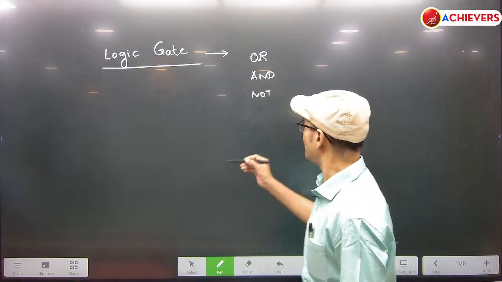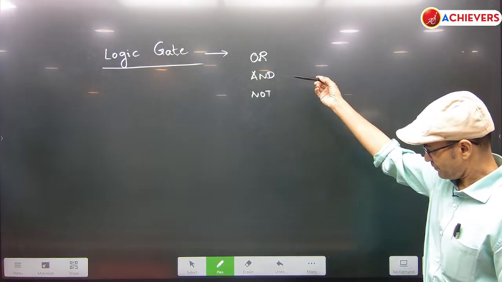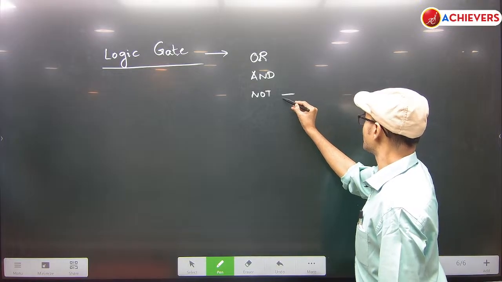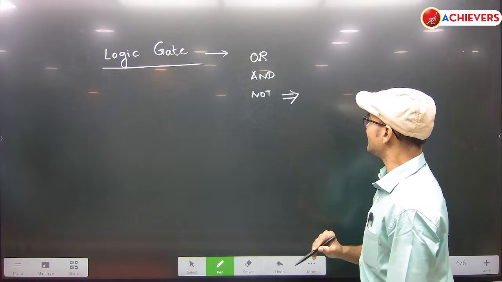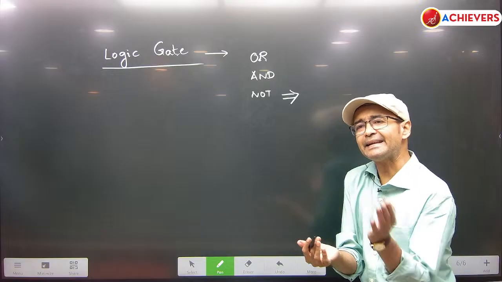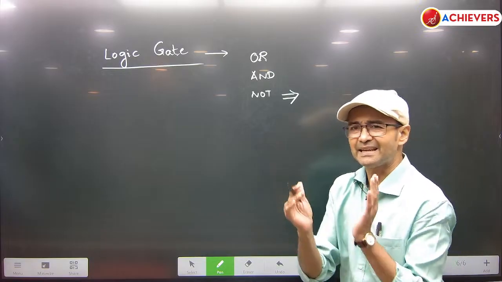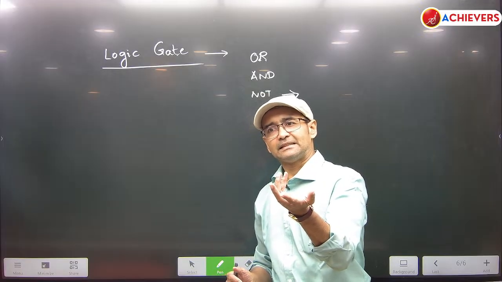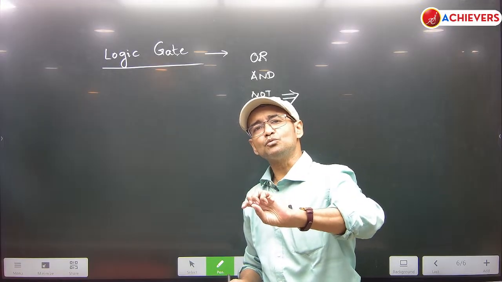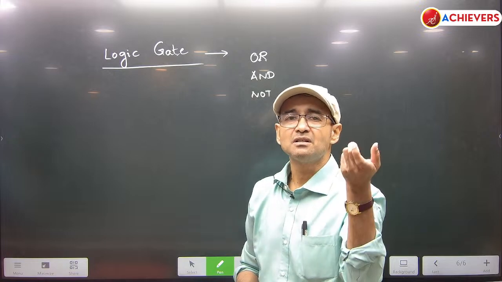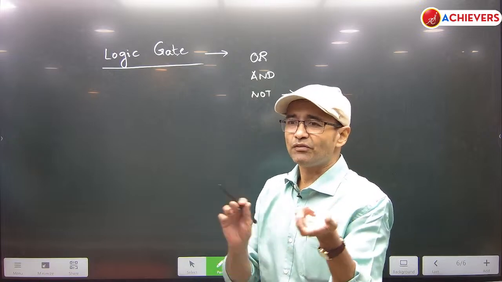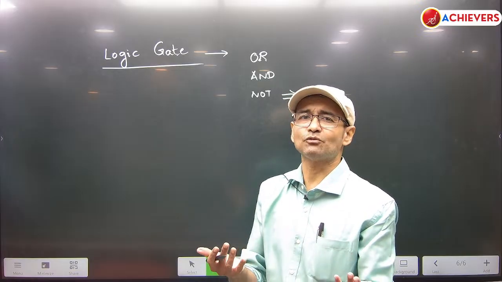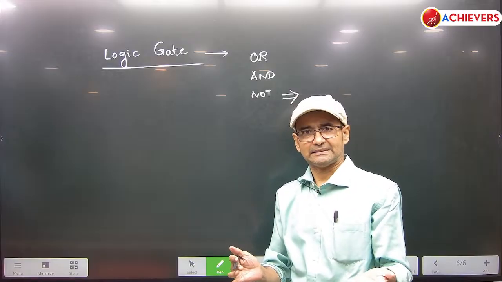When we have the concept of NOT, NOT means negating a particular sentence. For example, "It is raining." If we apply a NOT logic gate over that sentence, the sentence will be "It is not raining."